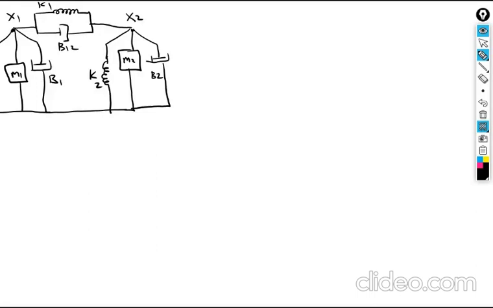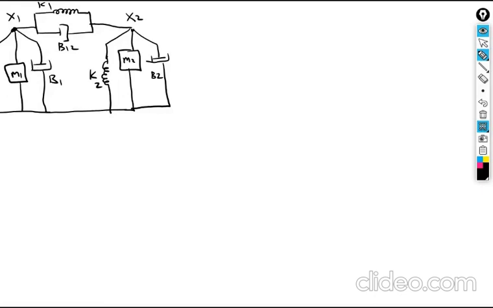Okay, now next is writing the equations. Now I am writing the first equation at the x1 node. What is the equation here? At the x1 node, what is the applied energy? Force is applied, on the LHS you will get force F. What are the elements connected to x1? Four elements are there, so I sum those four.